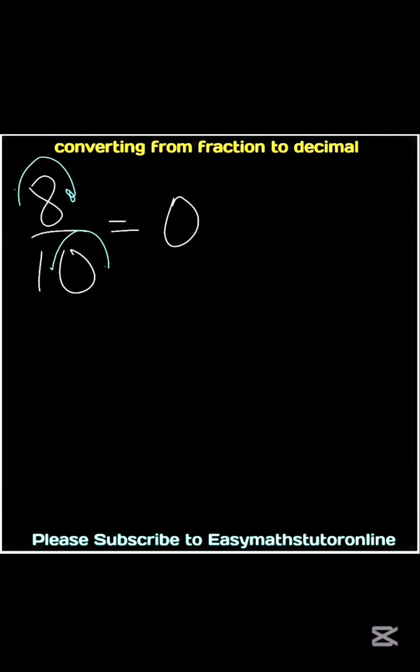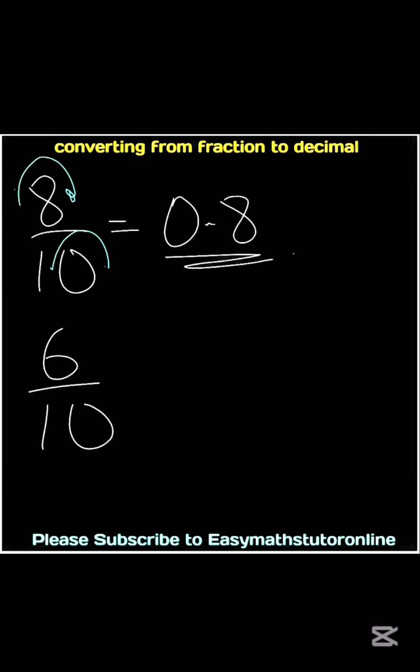Now let's look at more examples of fractions with denominators of tens. So we have 8/10. We'll convert 10 to 1 by moving the decimal one place. Therefore, we'll have 0.8. The next example is 6/10.